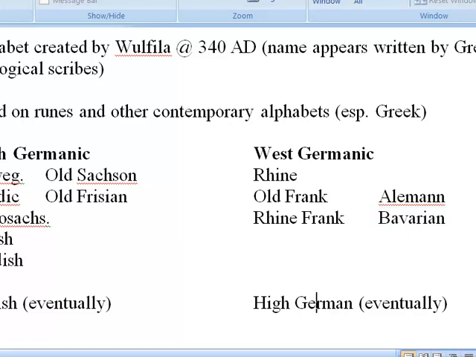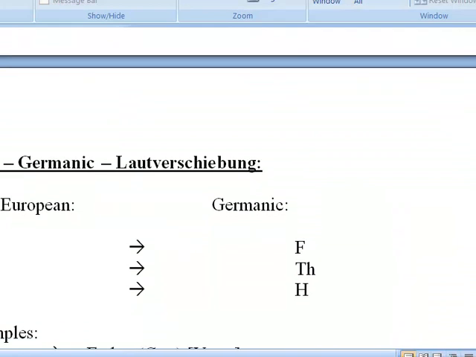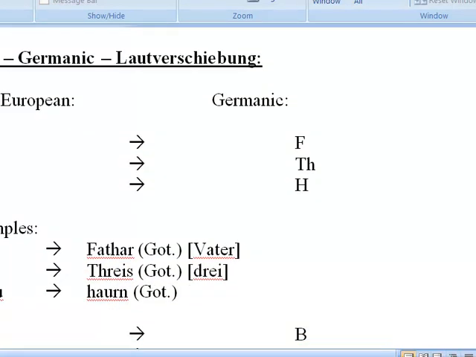And so what differentiated these Germanic languages from the others? Like I said above, it's what's called the first Germanic Lautverschiebung, or sound shift. It affects the consonants in the language. So I have here on the left hand the Indo-European consonants and then the Germanic consonants. The first group that gets affected are P, T, K. They get shifted.